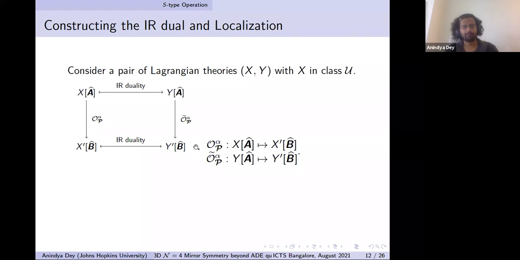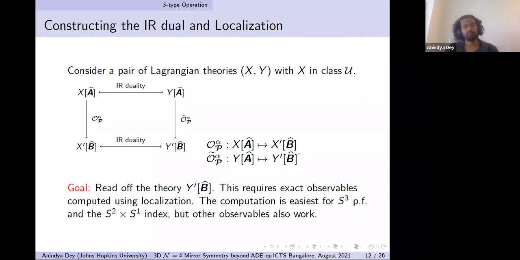To find this map, I need to resort to a localization computation. This computation is easiest for the S3 partition function and the S2 times S1 superconformal index, but you can do the same computation with other observables. Let me quickly mention how this is done. Let me pause here for questions if there are any.